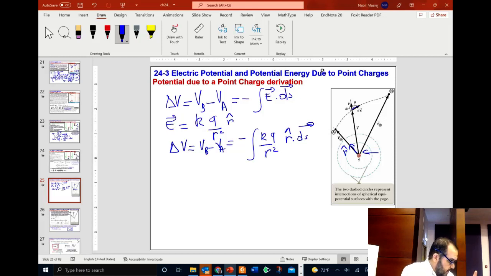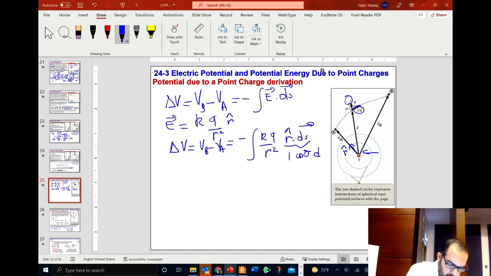When we have a dot product between two vectors, you can take the magnitude of each one times cosine of the angle between them. The magnitude of the unit vector is 1. So this is equal to 1 times ds times cosine theta. You see, this is the angle theta, this is the unit vector r here, this is ds here.